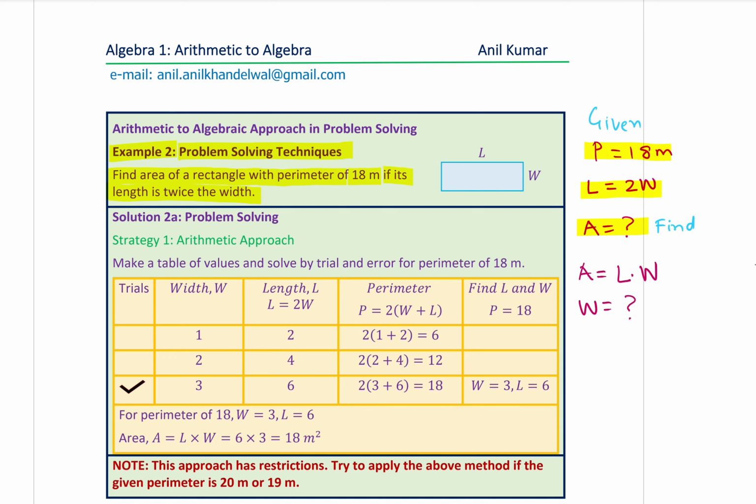We have different approaches. The very first one, I'm calling this strategy as arithmetic approach. Now, when I say arithmetic approach, I really mean that we'll not derive any formula, but we'll work with some numbers, numbers for length, numbers for width, knowing that the relation length equals twice width is given to us.